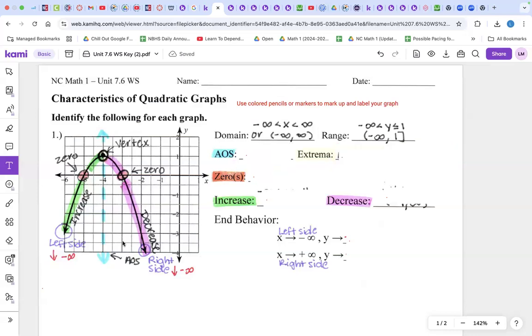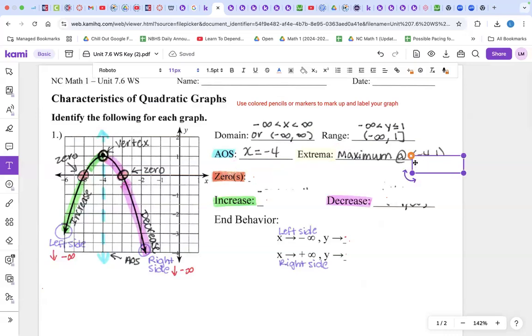Axis of symmetry is your line going down, and it is going to be the x value of your vertex. It is x equals -4. Your extrema is at the top or the bottom. It's at the top, so it's a maximum. And this is your vertex.